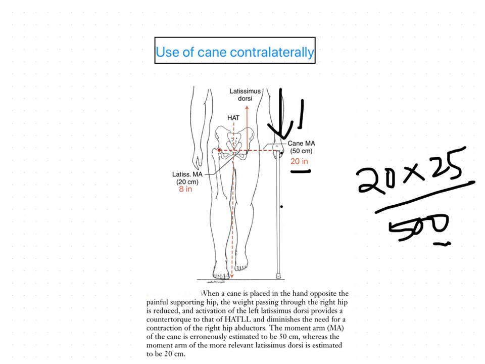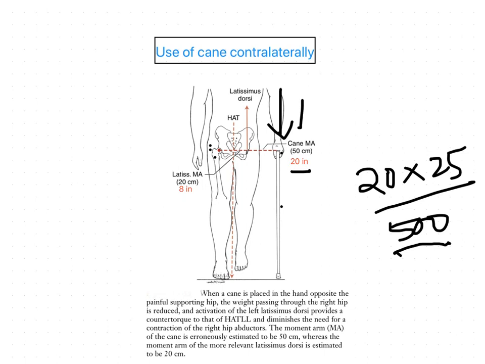This is the same as the torque produced on the affected or supporting hip joint by gravity, that is the gravity adductor torque. So both the torques become equivalent, completely eliminating the need for a hip abductor force.